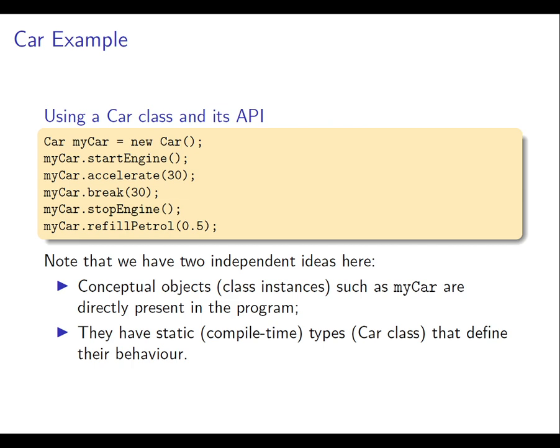So we have two almost independent, not sure they're really quite independent, ideas going on here. We have objects, such as myCar, which are directly present in the program, and they have types, static types, that define their behaviour. Now there are actually other kinds of object-oriented programming languages that don't work like this.